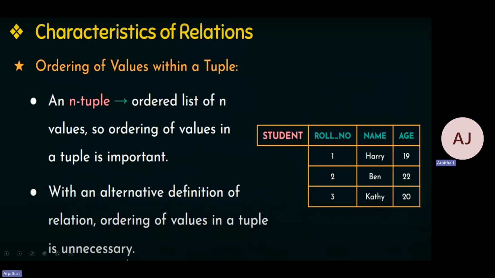Here, you have created a schema, the Student schema, a relation. Inside that, you have told that the first column header is roll number, next is name, next is age. So when you are entering the data, it should be an ordered list. First you should enter the roll number, then the name, then the age.